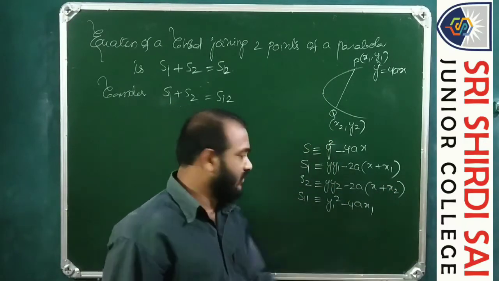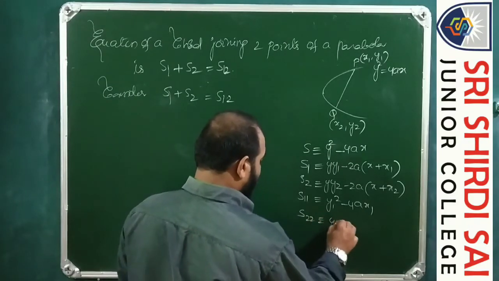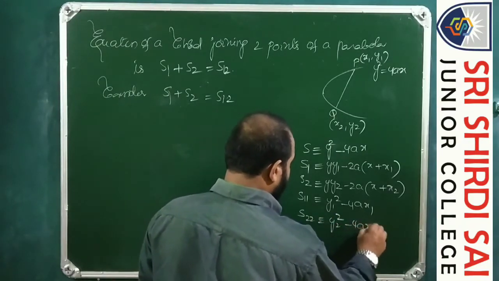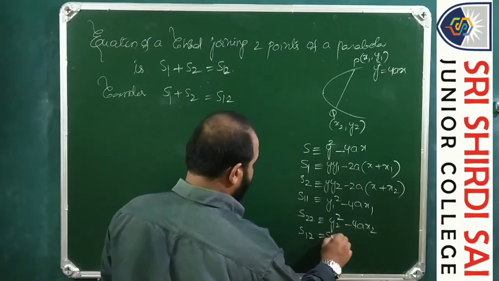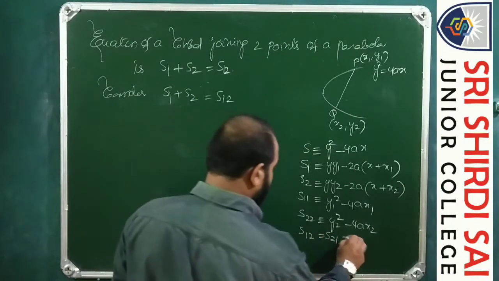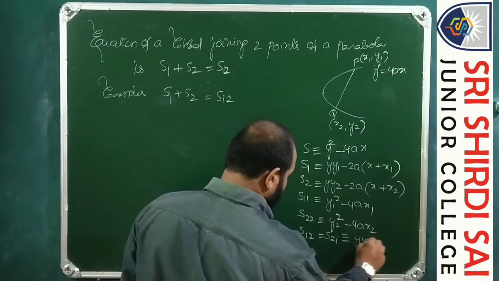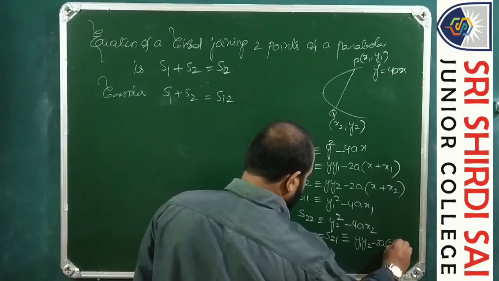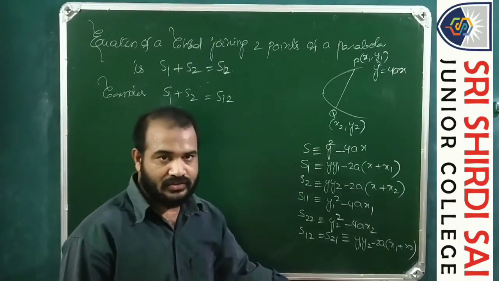And S22 is y2 square minus 4a x2. S12, which is equal to S21, is y1 y2 minus 2a into x1 plus x2. So these are the notations in the parabola.